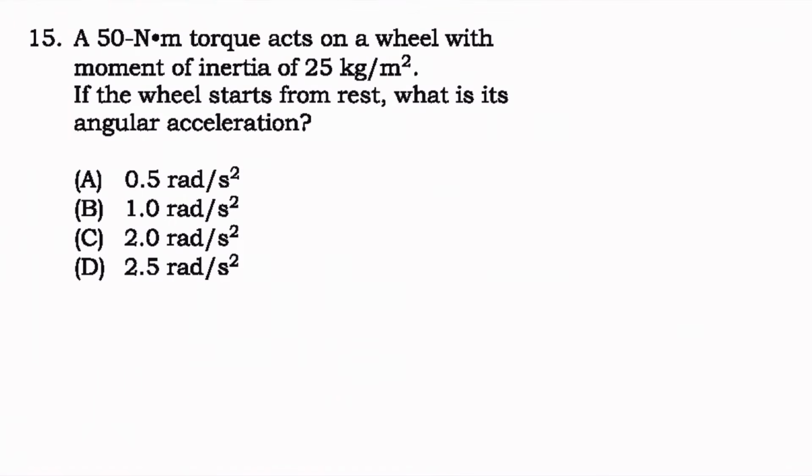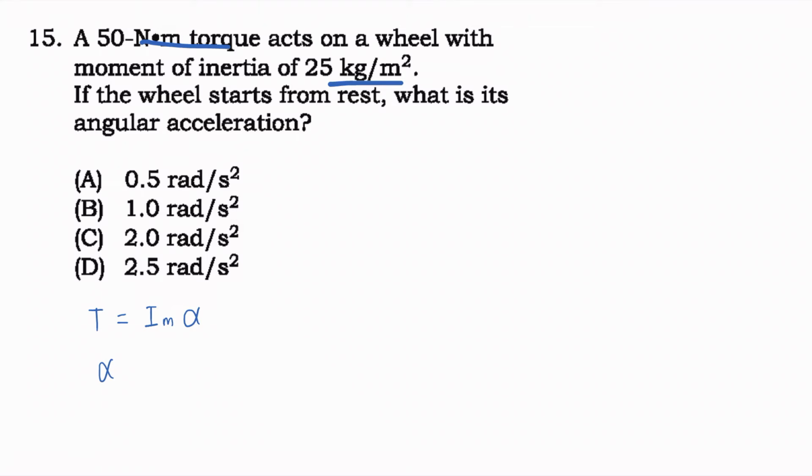Number 15, a 50 Newton meter torque acts on a wheel with moment of inertia of 25 kilogram meter squared. If the wheel starts from rest, what is its angular acceleration? So ito, given tayo nung torque, merong moment of inertia, so kailangan na lang yung angular acceleration. So yung formula for torque is equal to moment of inertia times angular acceleration.